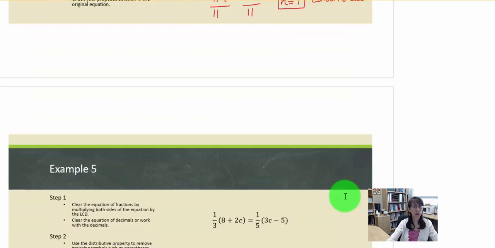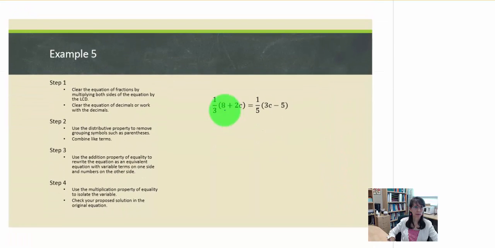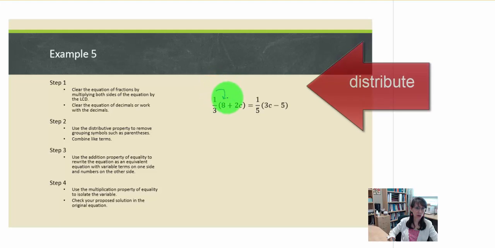So we've got one more example to work. In our last example, we have fractions again, but it looks a little bit different. So in order to know which terms really have fractions, I always suggest that you distribute before you try to eliminate the fractions, so that you don't end up multiplying too many times by the LCD. So by distributing first, we'd have 1/3 multiplied by 8.